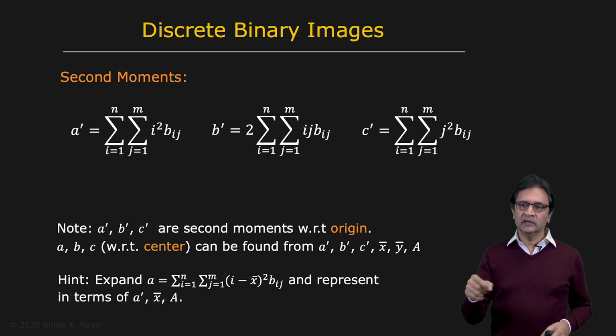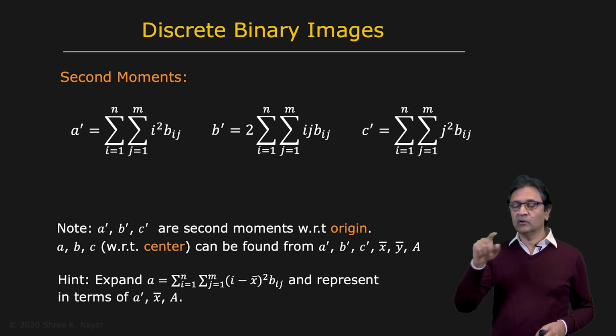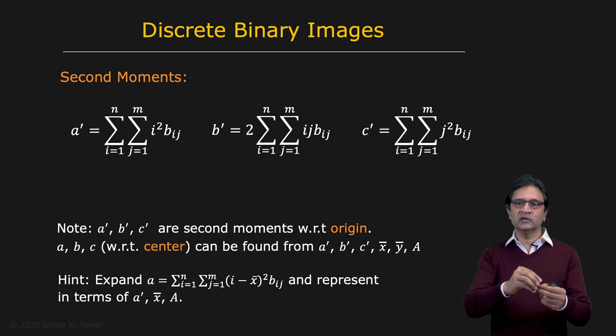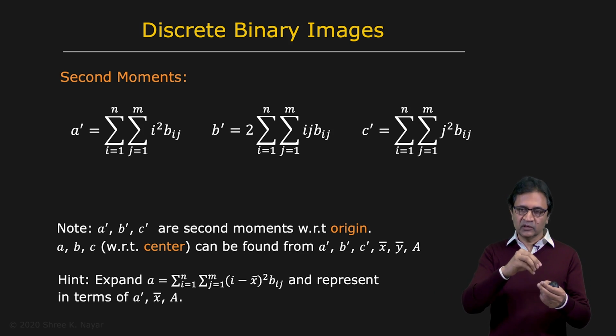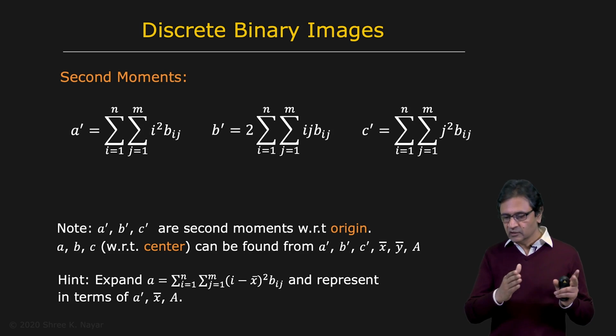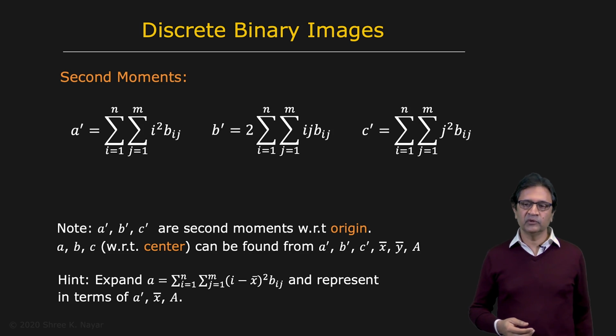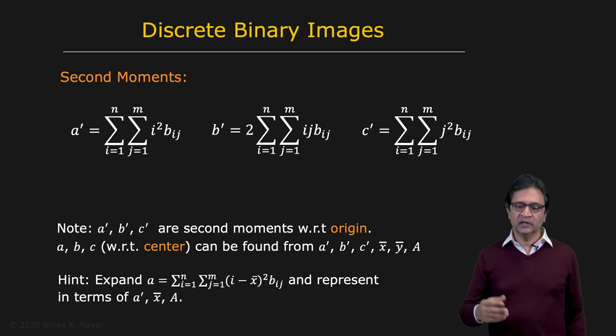The area, the center, x bar, y bar, that's the first moment, and the second moments can all be updated as you're reading out the pixels in hardware itself. You don't have to wait to compute the first moment, the location first, and then change the coordinate frame. You can just compute all of this. So by the time the image has been read out, everything that you want to compute in terms of a property from the image has been computed.